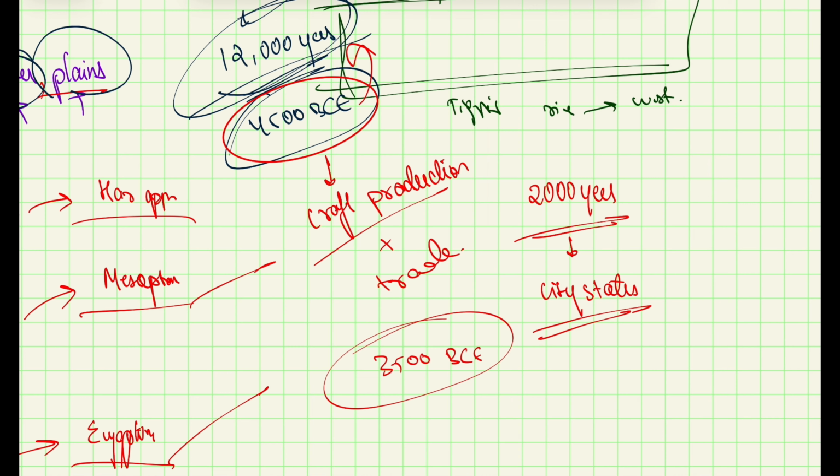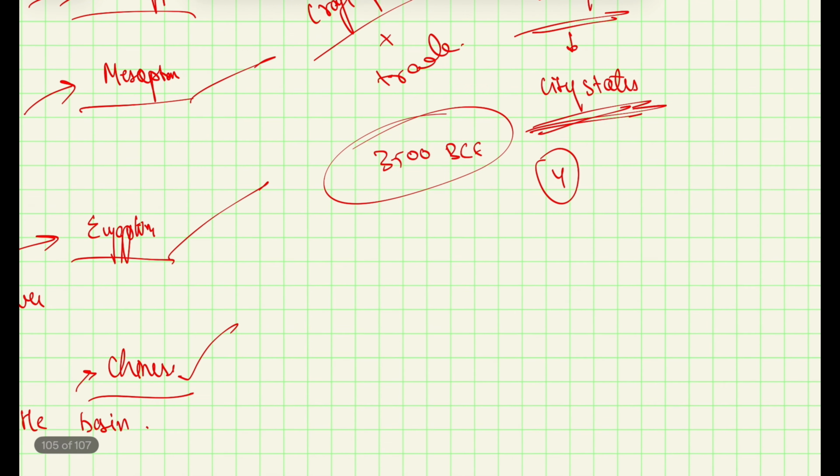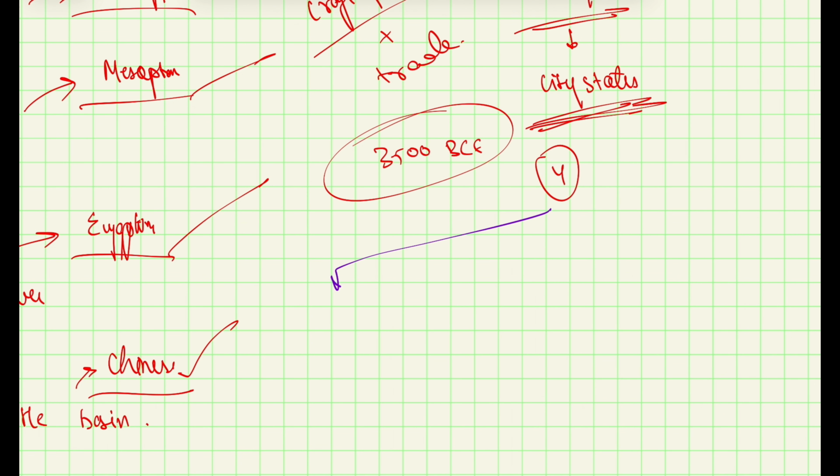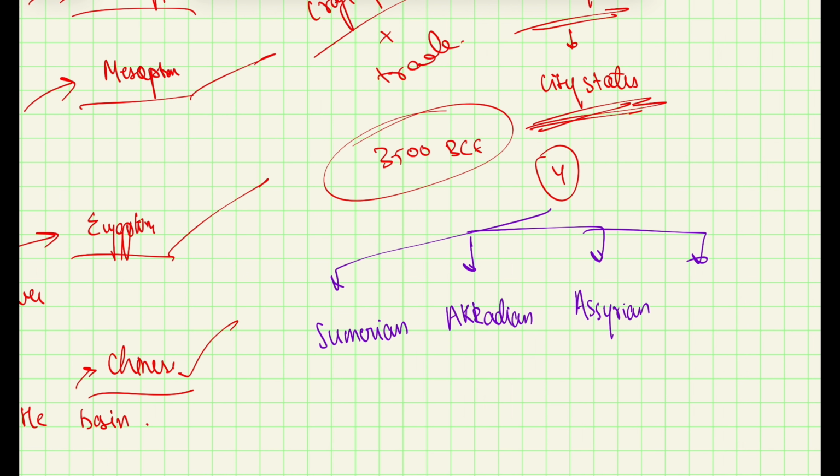So in Mesopotamia, we can find four major city based civilizations. What are these? Those four major ones are the Sumerian, Akkadian, Assyrian, and the Babylonian.